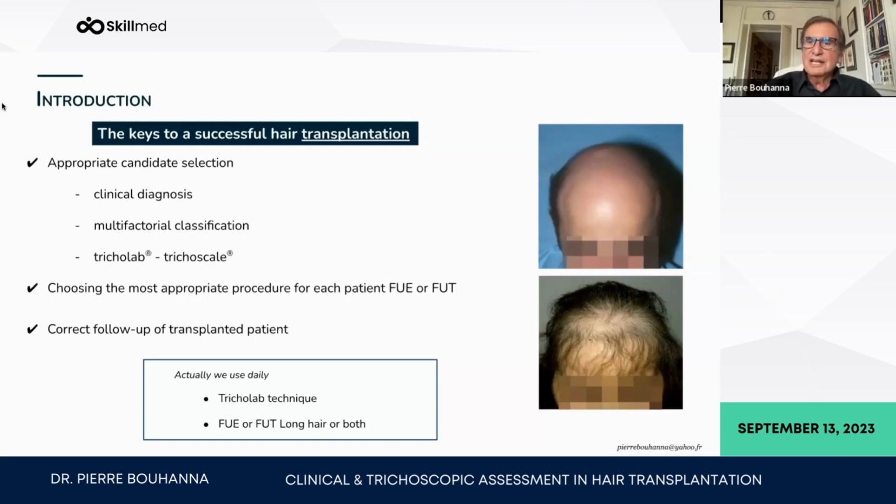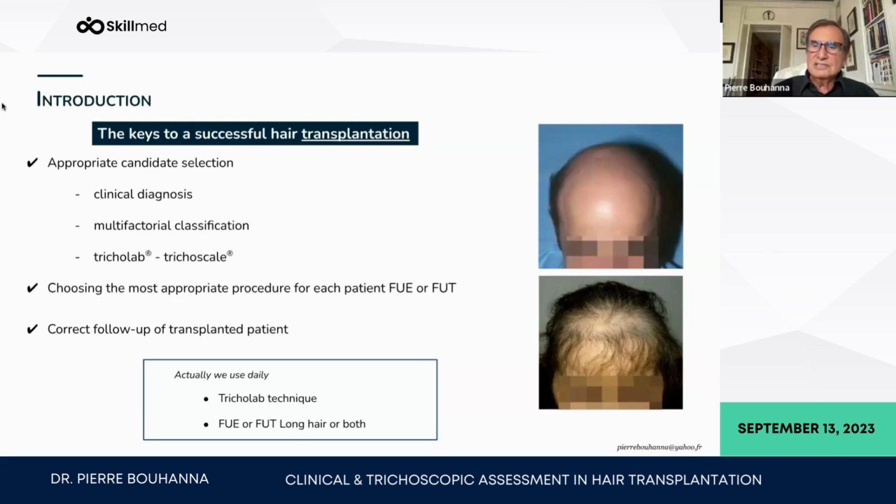Now it's easier than before to do this follow-up, because my patients come from various countries, and with video, it's very easy for me to know exactly the evolution of the scalp after hair transplantation. So actually, we always use the daily Tricolab technique and FUE or FUT long hair or both.